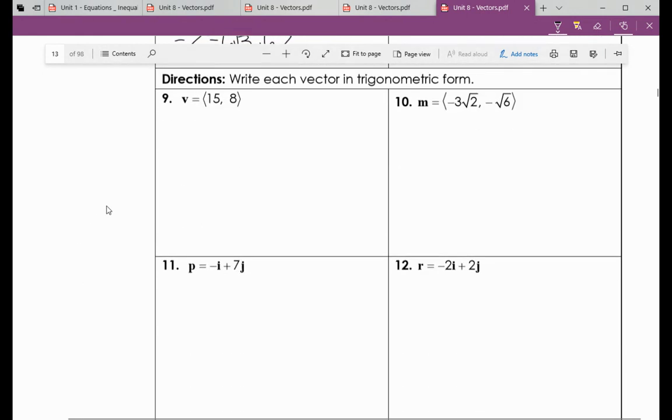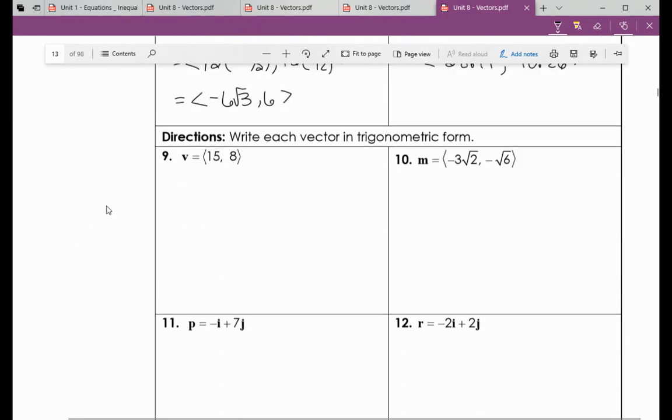All right. So now we are going to write each vector in trig form. And what that means is we are going to end up with a vector that equals the magnitude of cosine theta, the magnitude of sine theta.